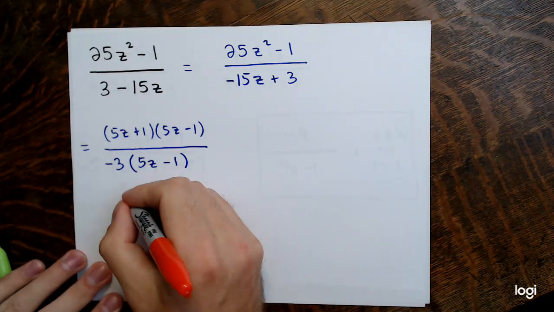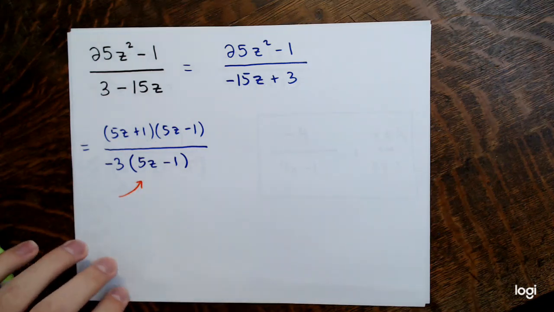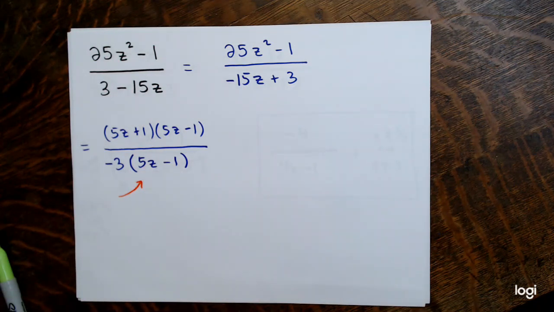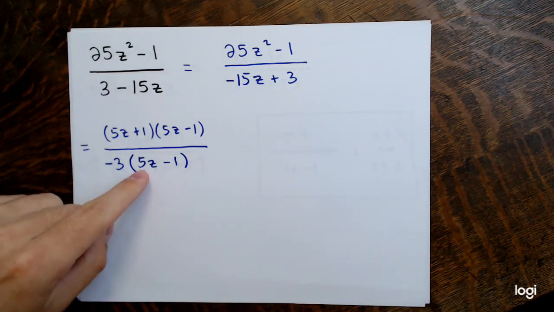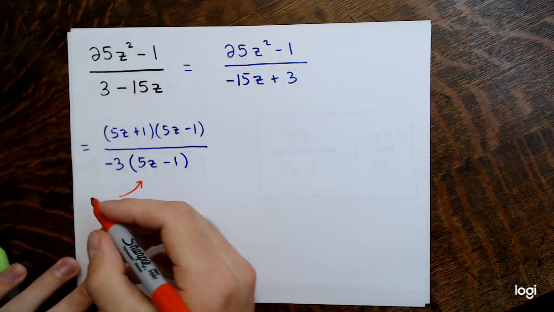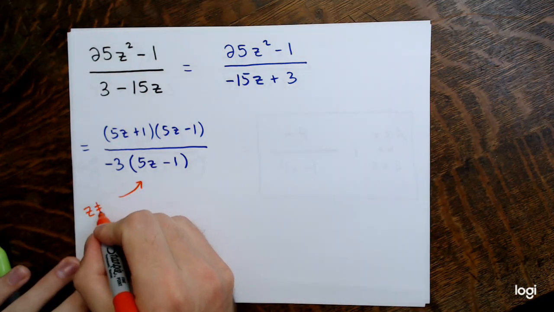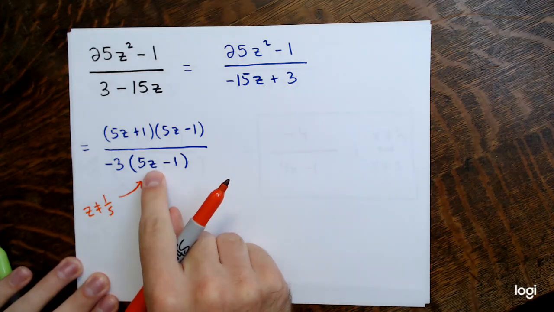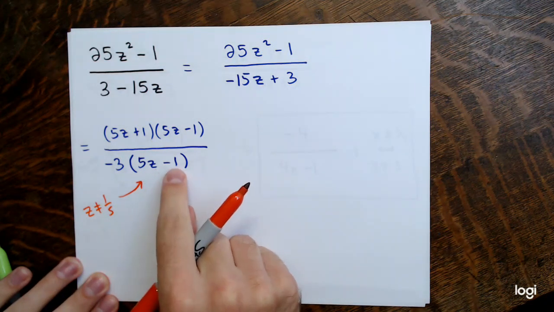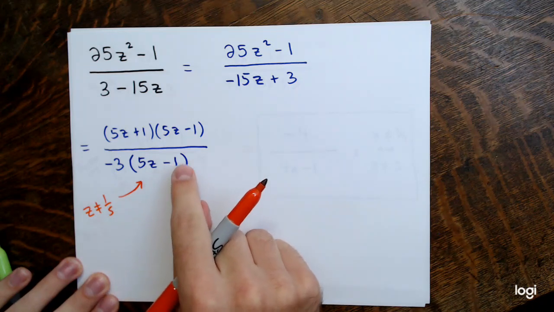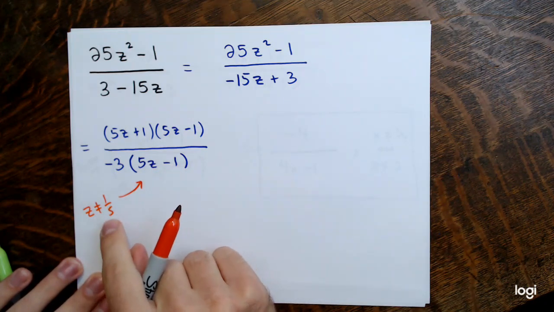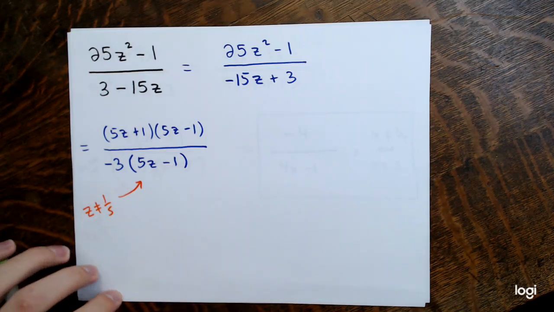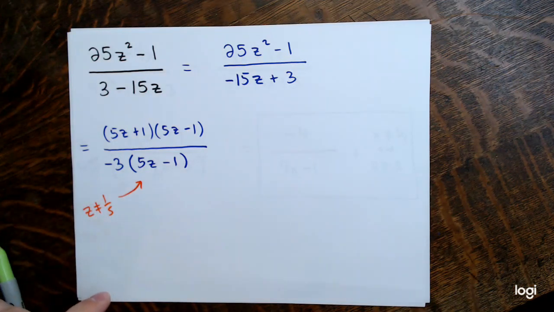Alright, and then as with all the other examples, after I have factored the denominator, I can very easily tell you what values of z I cannot use. Well, z cannot be 1/5 here. Right? That would make this denominator 0. This 5z minus 1, if set equal to 0, add 1, divided by 5. Z cannot be 1/5. But if z were anything other than 1/5, we're golden.